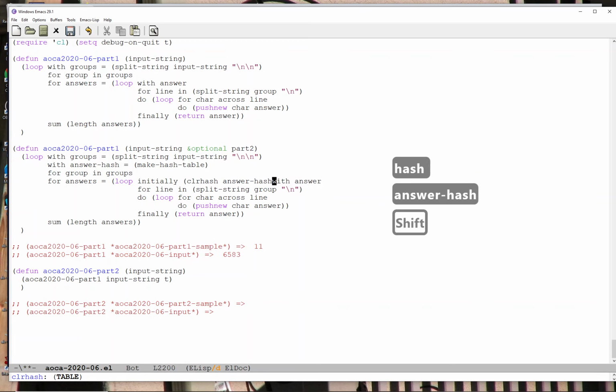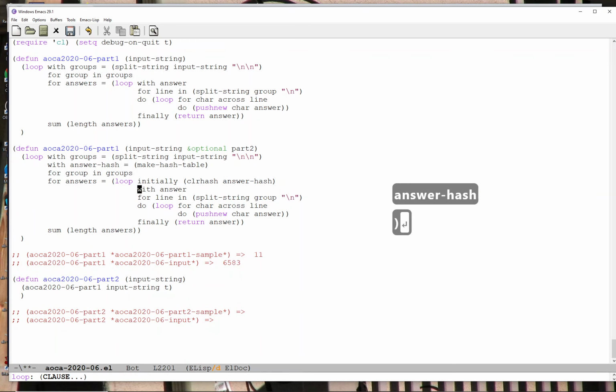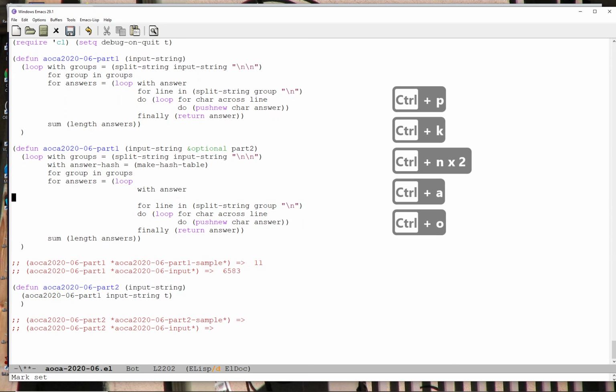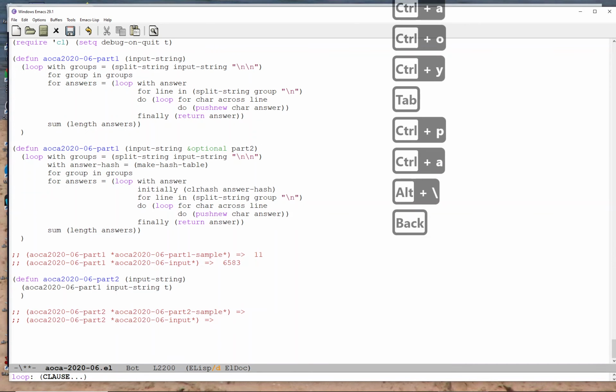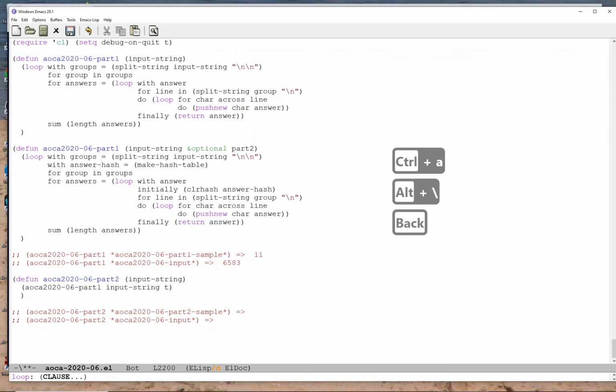Answer hash, because we don't want each group's answers to be polluted by the previous graph, and we probably want to swap these two lines. Initially, clear hash, answer hash.